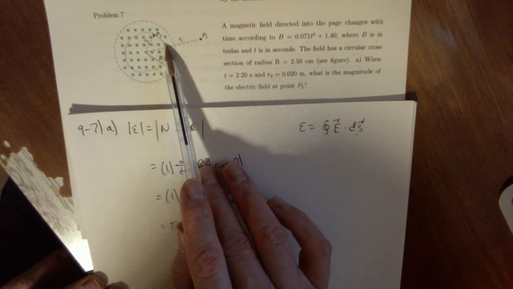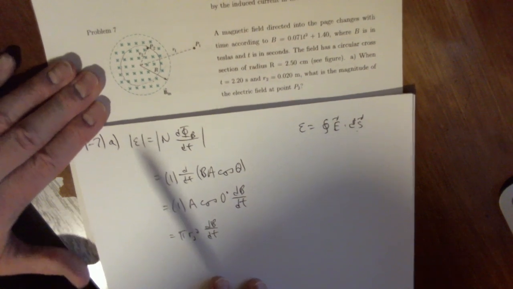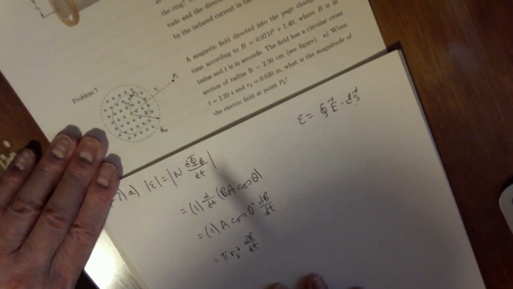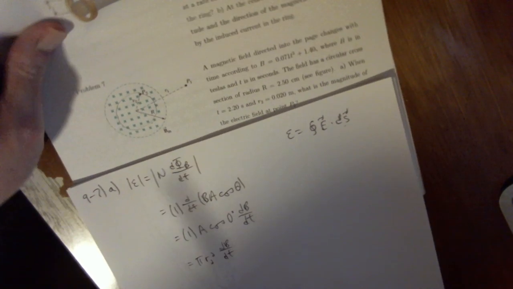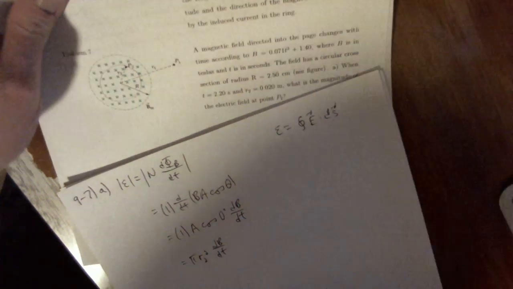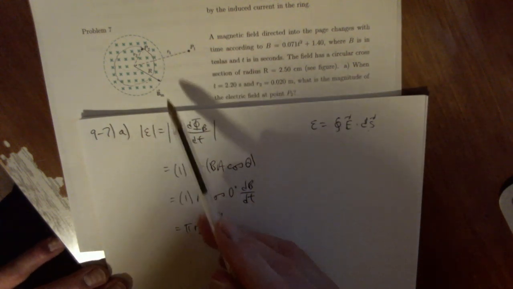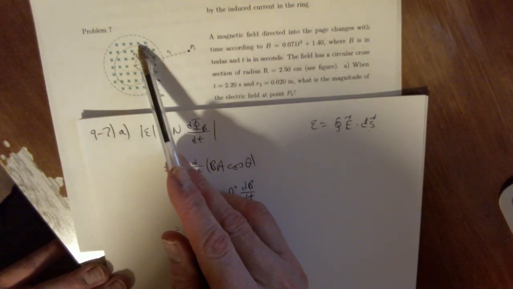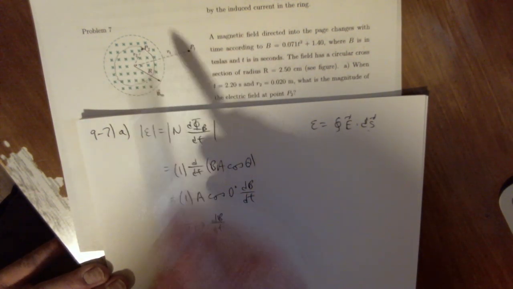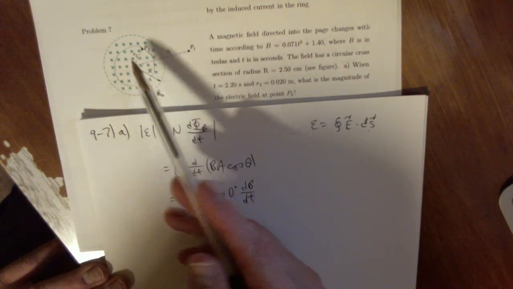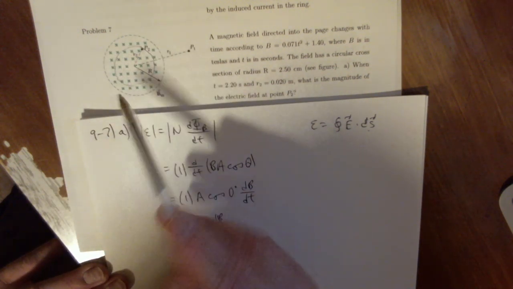It can't vary as you rotate the situation, because the situation doesn't change as you rotate it. And so the E field can't change as you go around this circle, because the circle has the same symmetry as everything else in the problem.